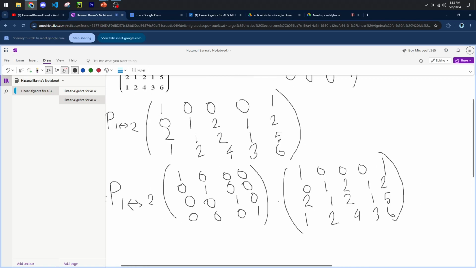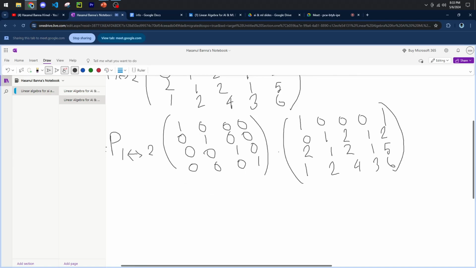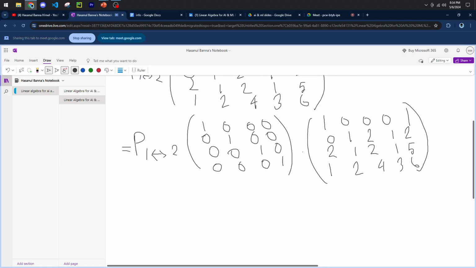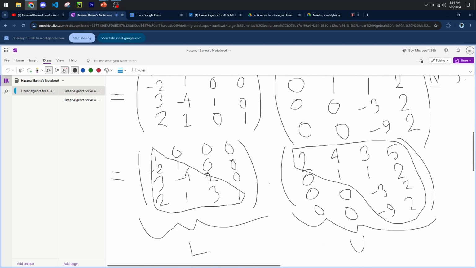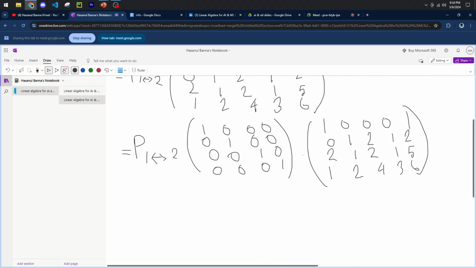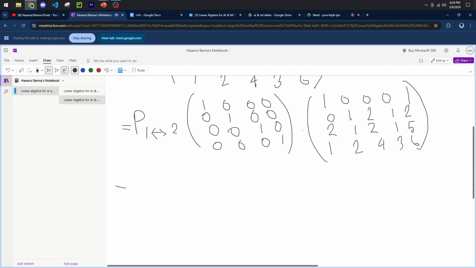Now as we learned before, we need to make one side a lower triangular matrix and the other side will be our upper triangular matrix. We will do the same as we did in the previous one. Now for this we will multiply again like how we have done beforehand.